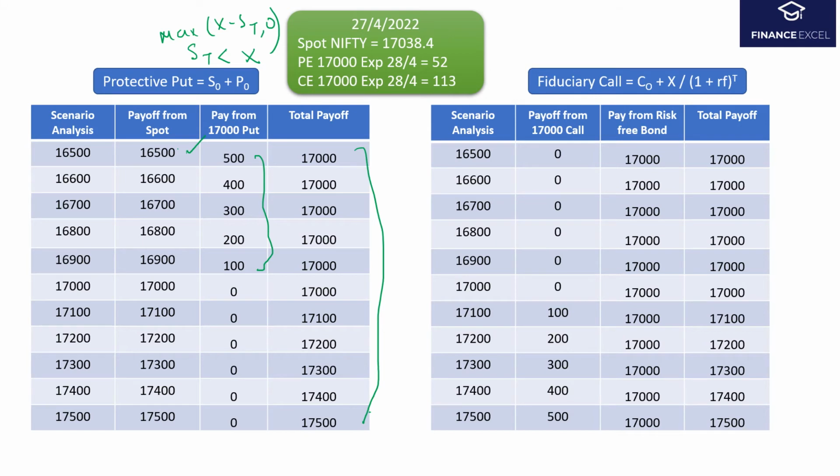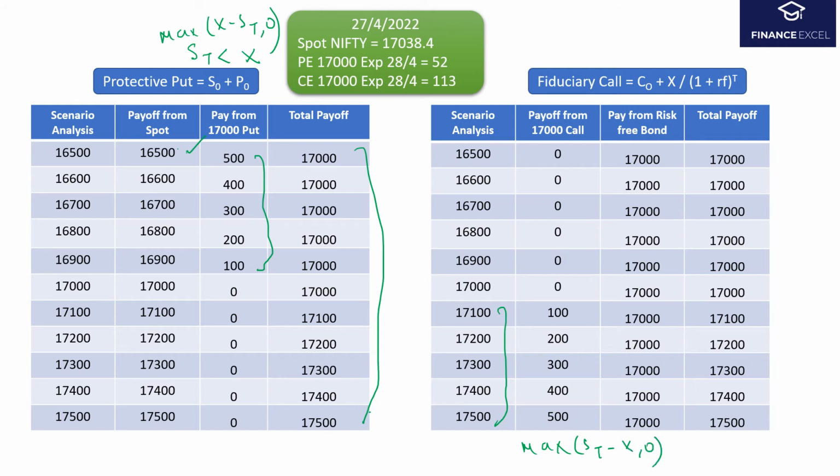Similarly, guys, let us look at the payoff of the fiduciary call. We hold a call with an exercise price of 17,000 in this case, and we will only exercise the call option if the price of Nifty spot is greater than 17,000. Guys, we would exercise the call option in these cases. And we know that the payoff from the call option is nothing but max of ST minus X comma 0.